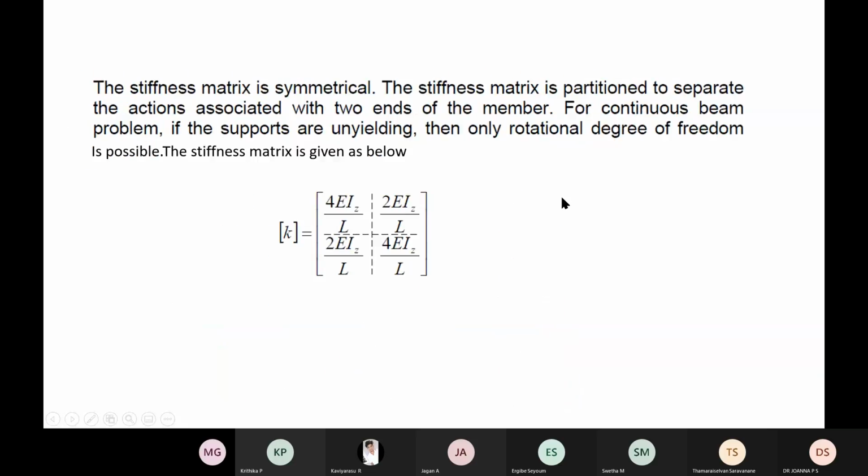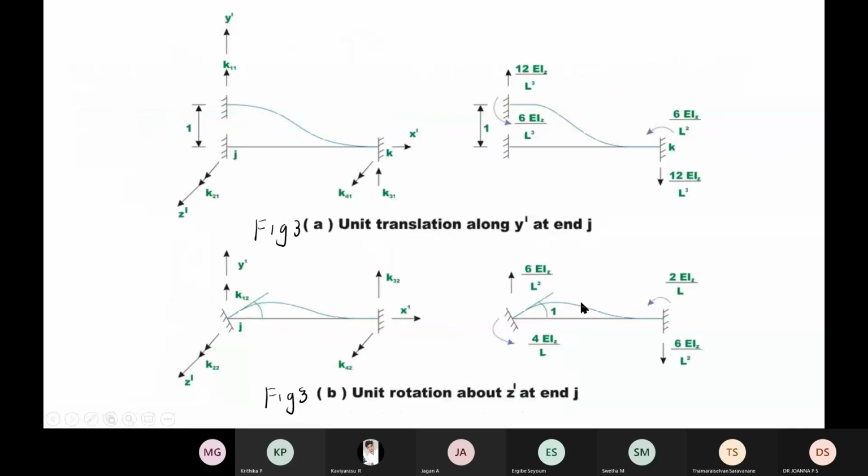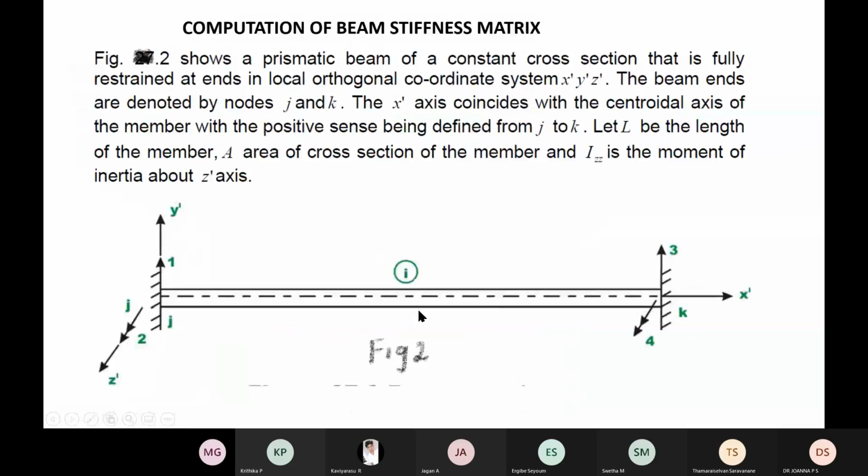Suppose in a continuous beam there is no yielding of the support. What is the meaning of yielding of the support? For example, this support can sink. It can settle down, because if the columns are not strong or the foundations are weak, it will sink.